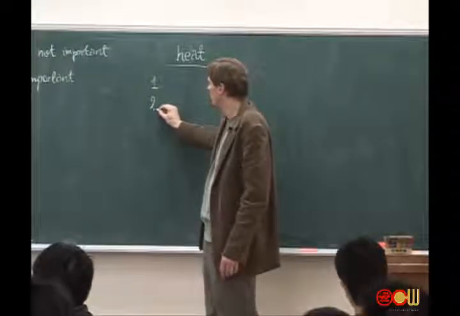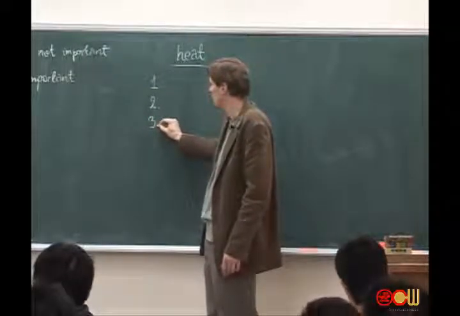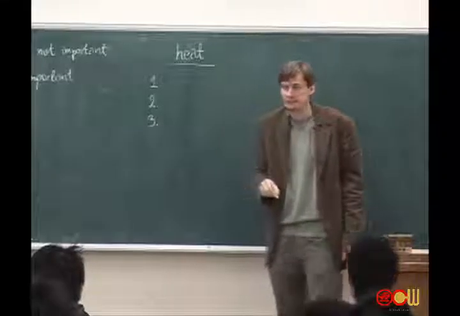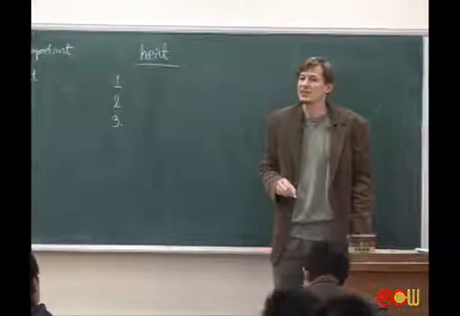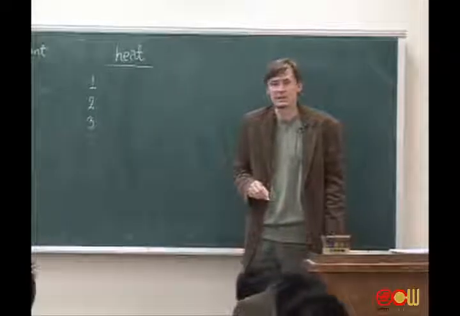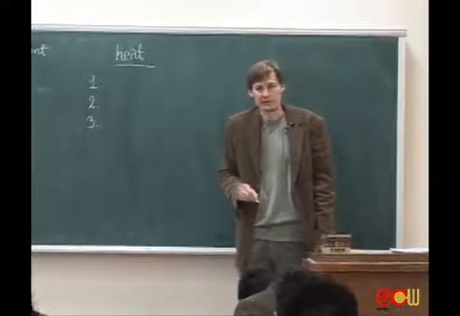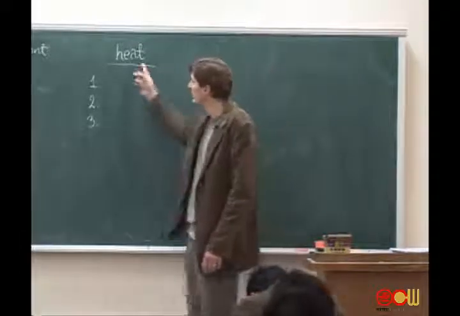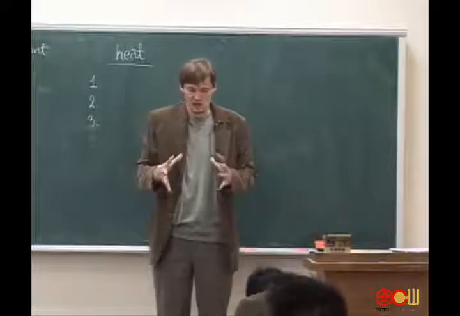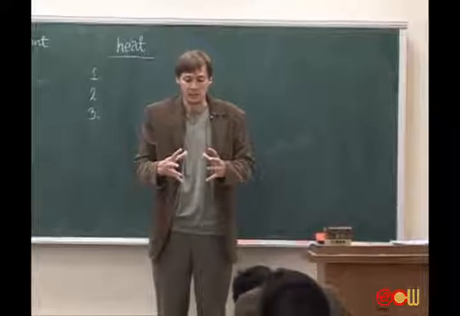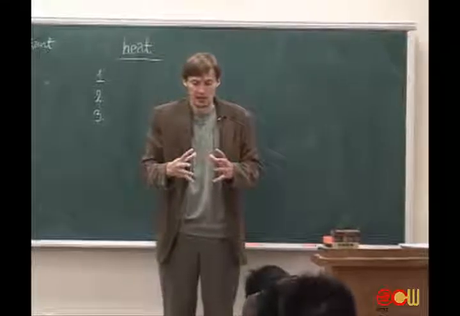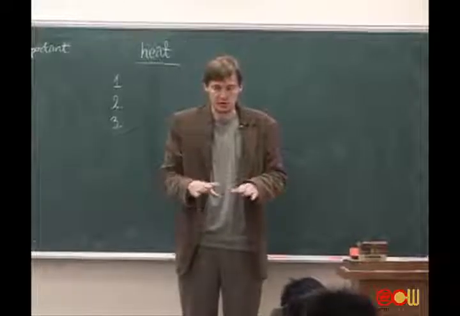Usually people consider as such three different things. What is heat? It's difficult to define, to be honest. Because when you think about heat, something has high temperature at the beginning, and at the end the temperature goes down.